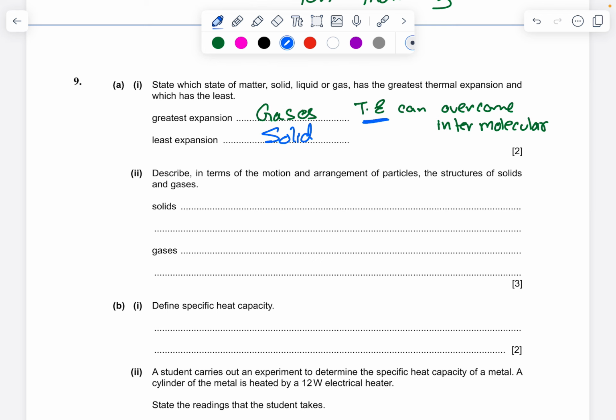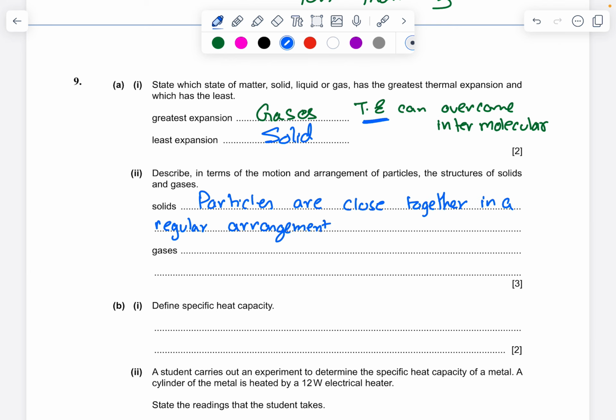Describe in terms of motion and arrangement of particles the structure of solids and gases. In solids, what is happening? Particles are close together in a regular arrangement.